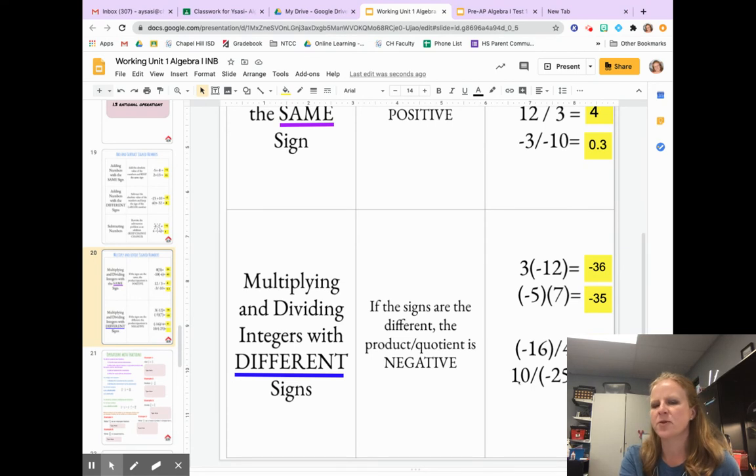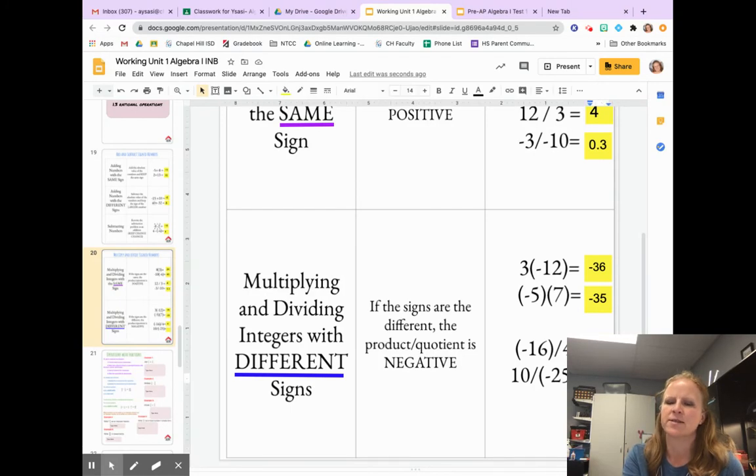What can we reduce 10 and 25 by? Because it doesn't go evenly. 5. So 10 divided by 5 is what? 2? Yep. And then 25 divided by 5 is 5. And we need to make it negative out front. So negative 2 over 5.